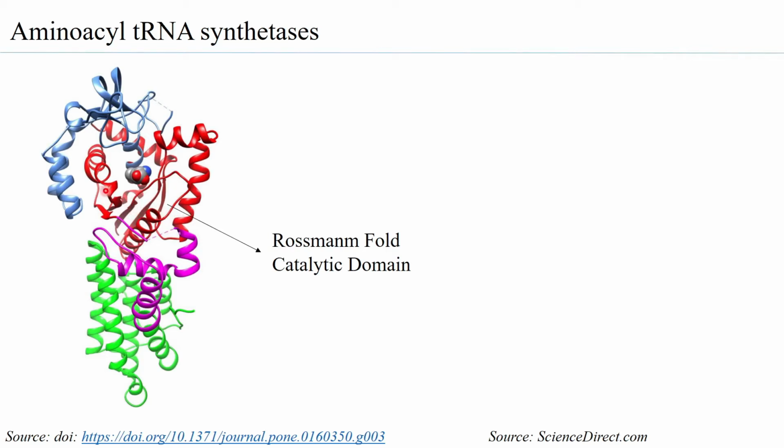Hence this catalytic domain is extremely important. As you can see, within the active site there is the binding of an amino acid. So an amino acid can come and lodge itself within the active site of the catalytic domain.